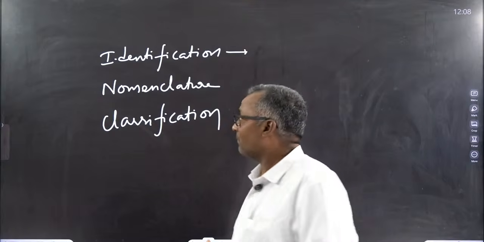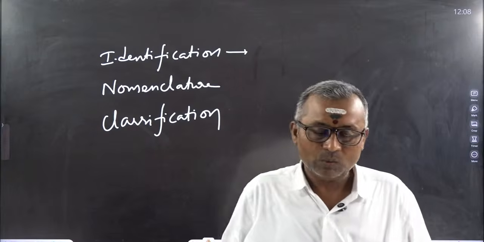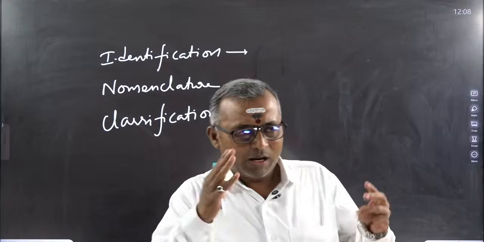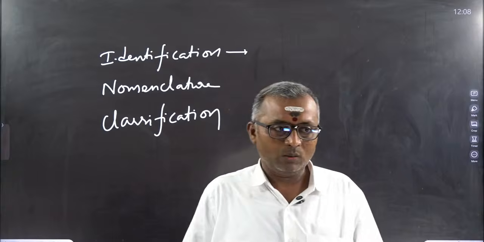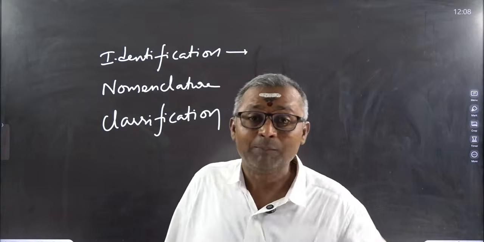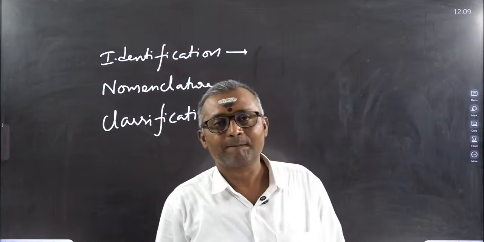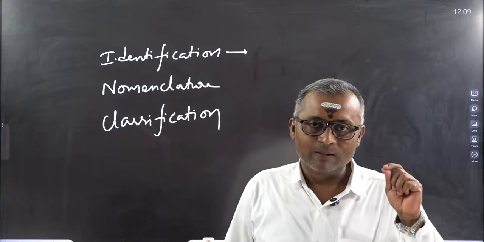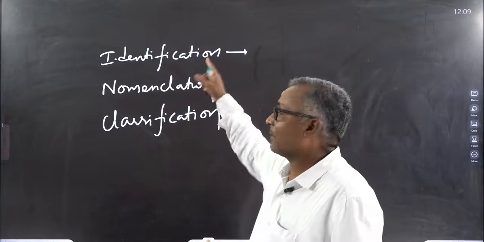Understood? Now I have a simple question for you. To identify any organism, whether it is known or unknown, what is required prior to going for identification? Which one is a prerequisite for identification?